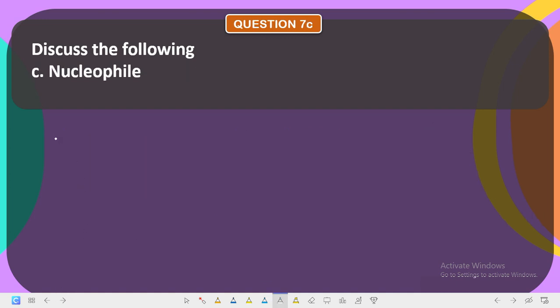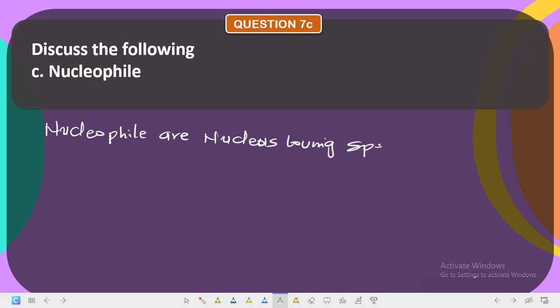Now the next one is nucleophile. Nucleophiles are nucleus-loving species. All nucleus-loving species are called what? Nucleophiles. Nucleophiles are nucleus-loving species.